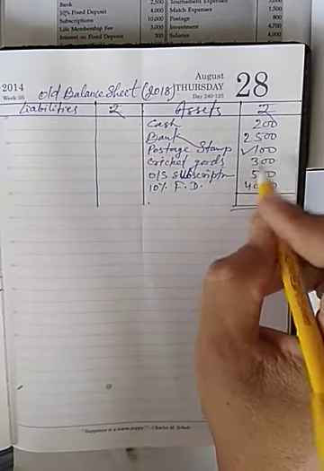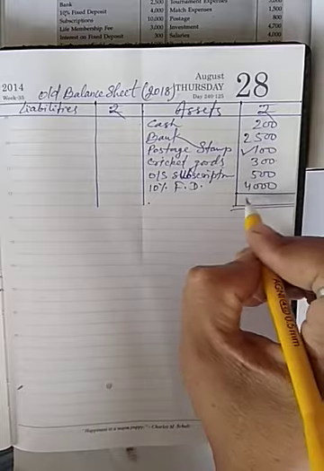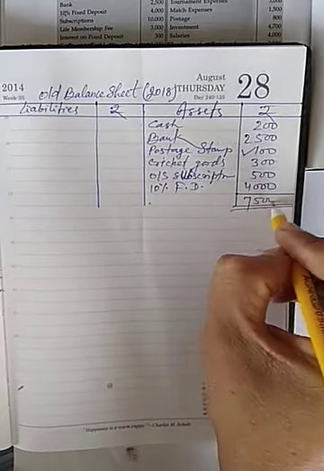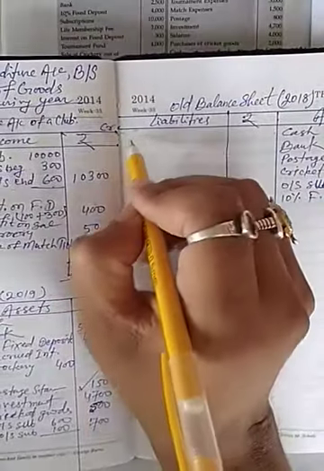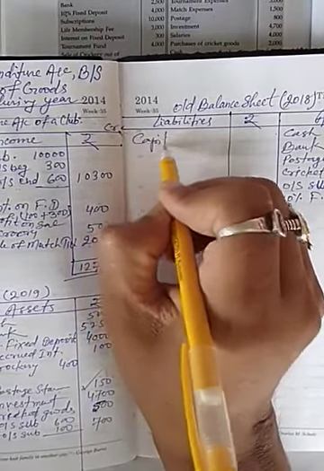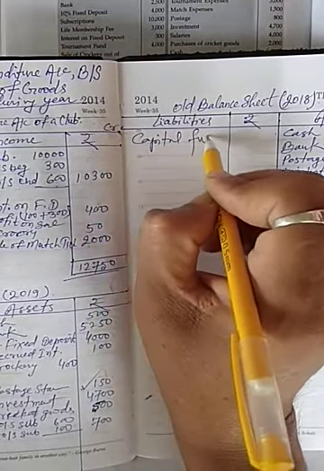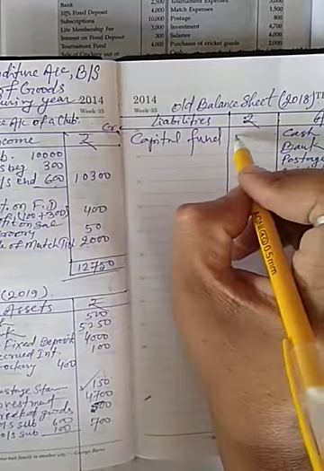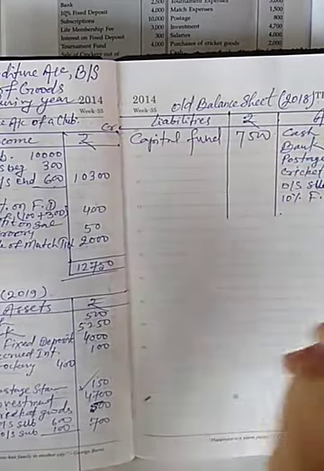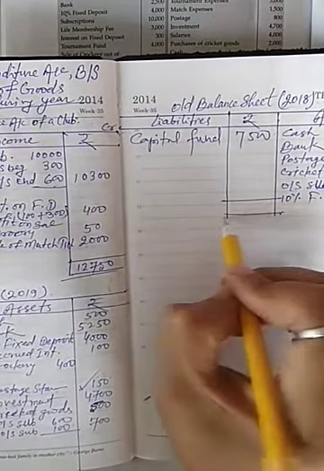So the total of the asset side will be 7,500. Therefore the capital fund will be the balancing figure, 7,500. I will write it.